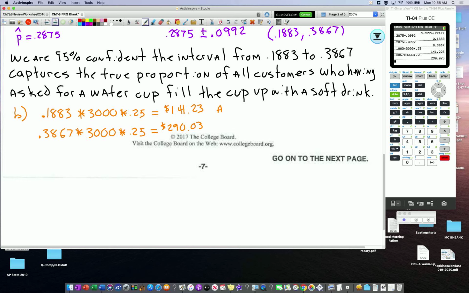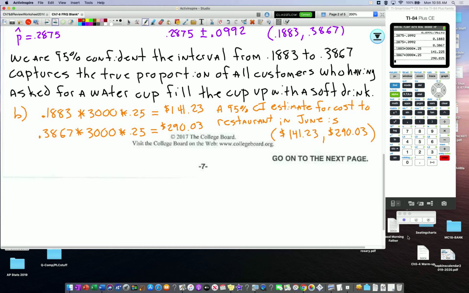So I can answer the question: a 95% confidence interval estimate for the cost to the restaurant in the month of June is between $141.23 and $290.03.